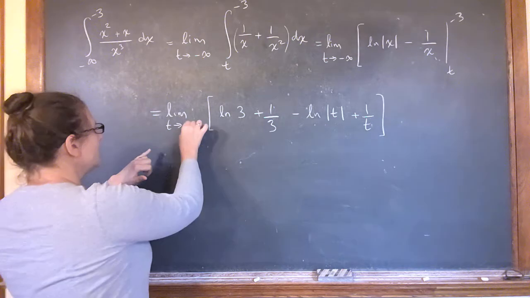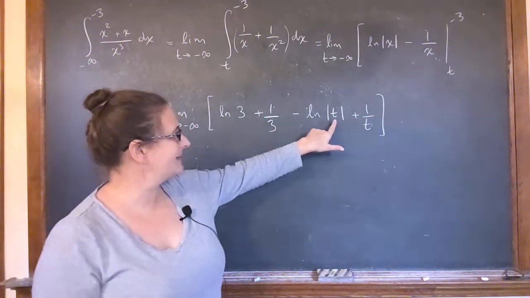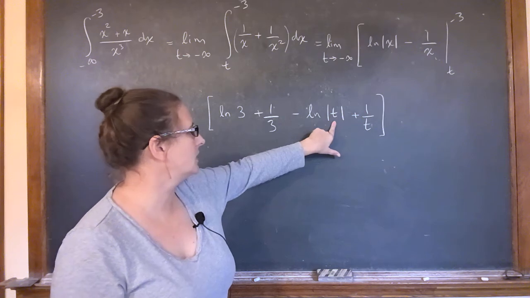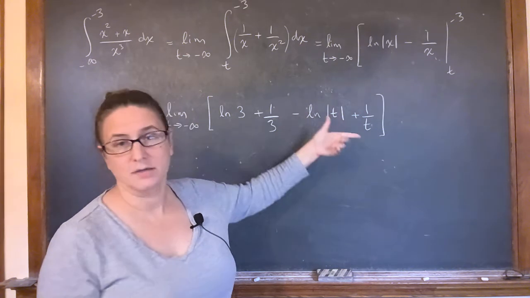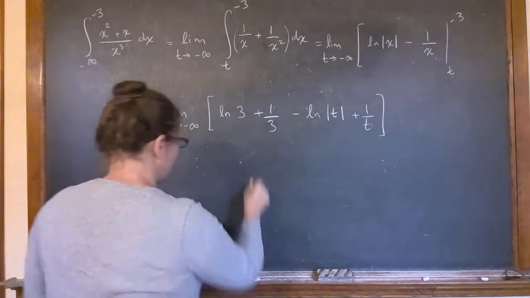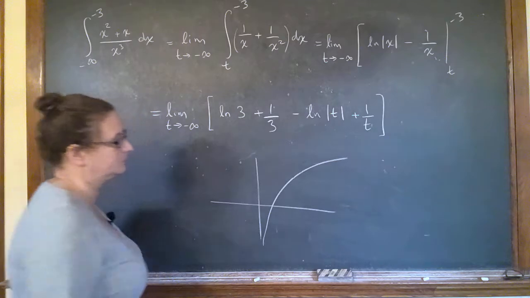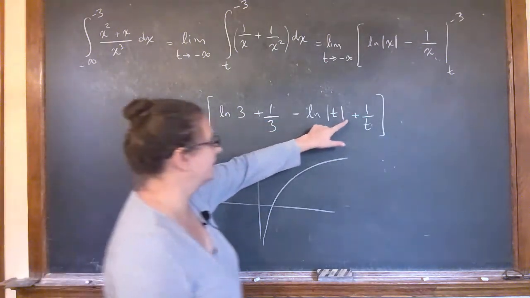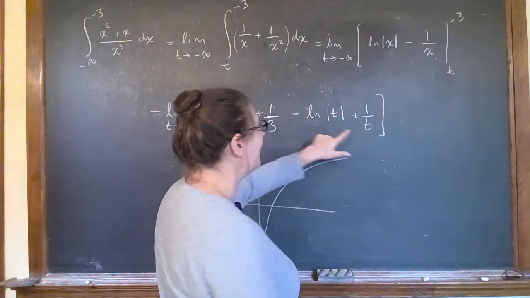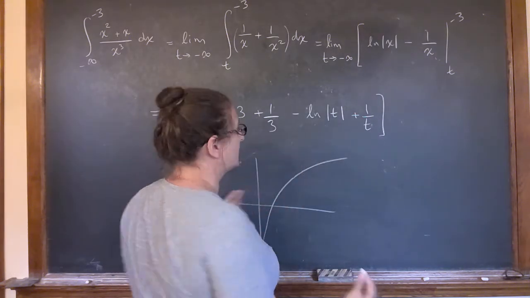Now when I evaluate this as t goes to negative infinity, it's going to negative infinity, but it's the absolute value of t here. So this is going to positive infinity, right? Natural log going to infinity is infinity, right? If I look at natural log, it does that. So this term is going to negative infinity, and this one is going to 0. Well, so the whole thing is going to go to negative infinity.